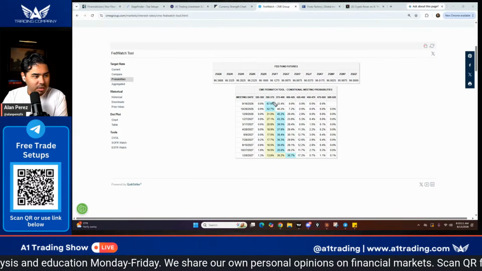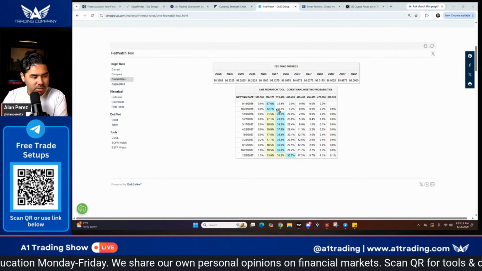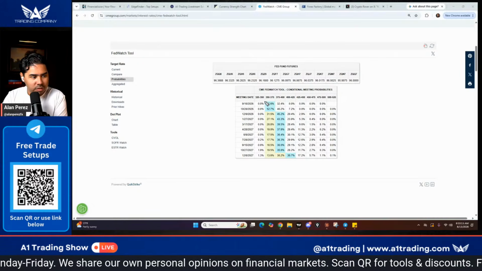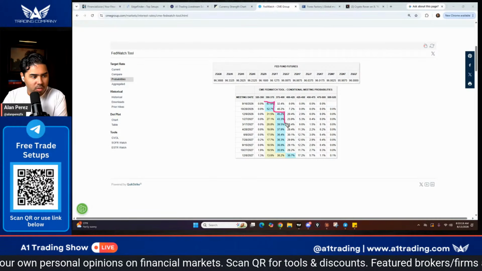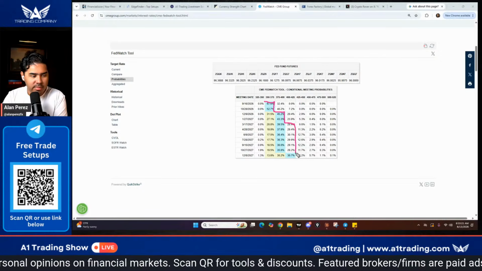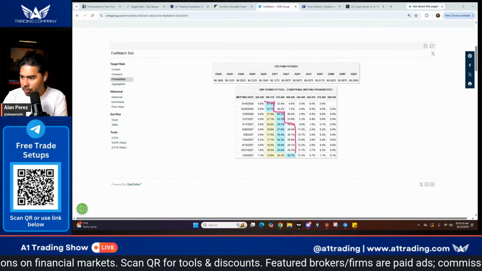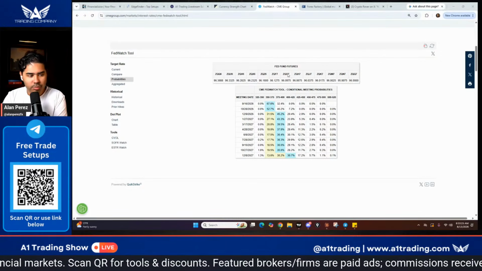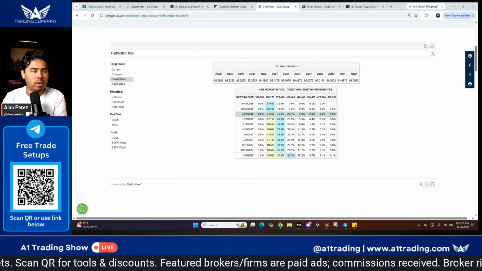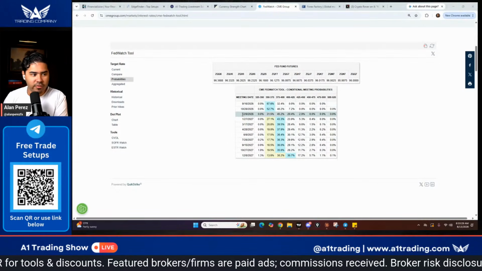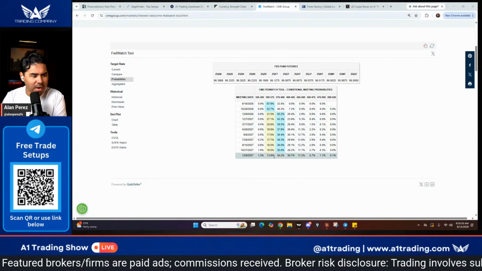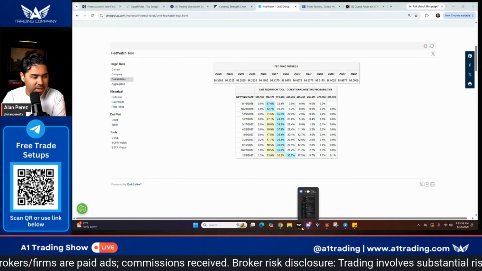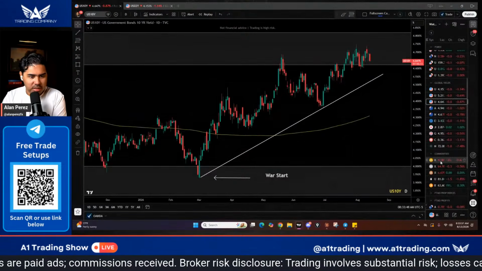As long as you continue to see more of that action, that's going to be good for gold. If you start to see the blue move more and more to the right, that means rate hikes are being priced in, and that's bearish for gold. CME Fed Watch probabilities just shows you the probabilities of the rate change for the upcoming date of the Fed meeting. And it seems like right now the market's anticipating just 1 rate hike in December. So that's going to be good for gold.